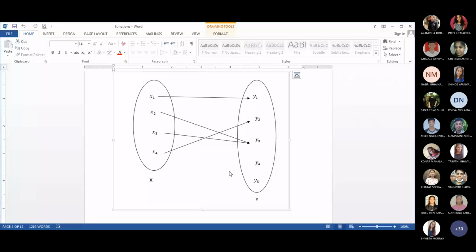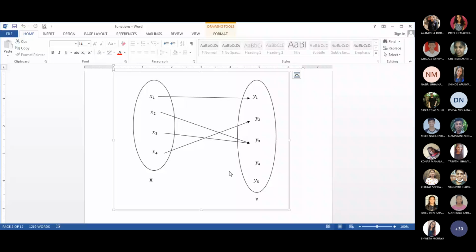Then we had also discussed that for f to be a function, the important thing is that one element in the domain cannot go to two different elements in the codomain. Again I repeat, a single element in the domain cannot have two different images in the codomain.